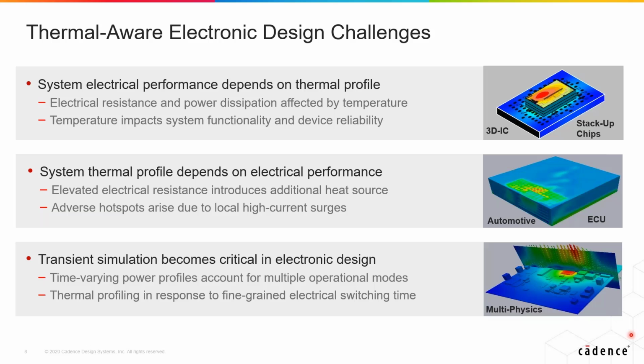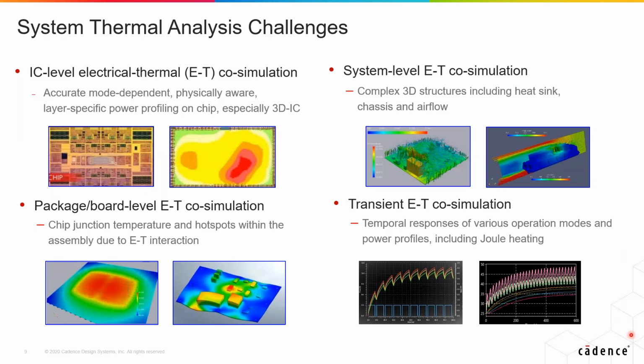Here, let's look at system thermal design from the physical dimensions point of view. From the top left, going to the bottom left, and to the top right, we look at the physical device size from IC to package to system. And last we will show some figures about the transient.